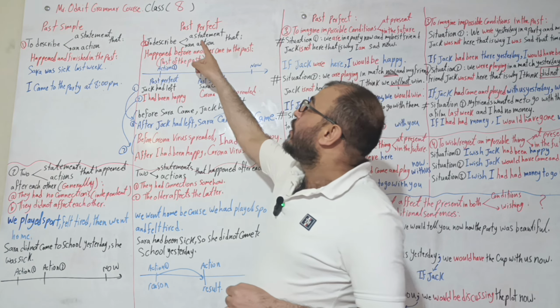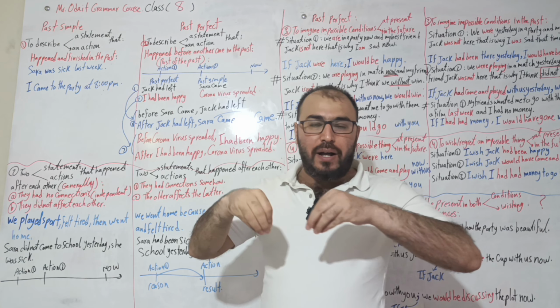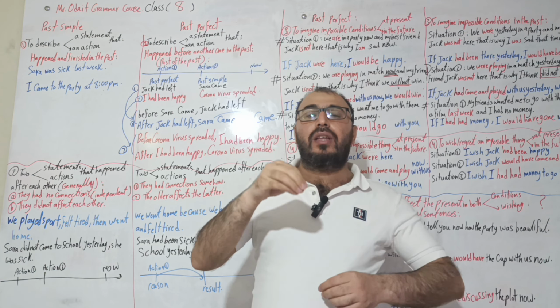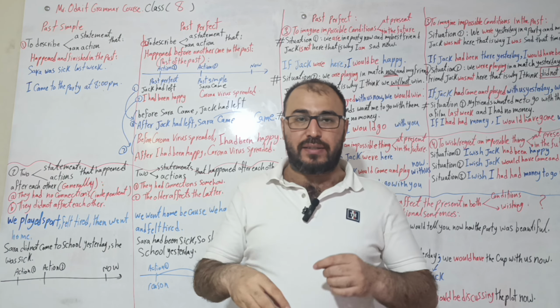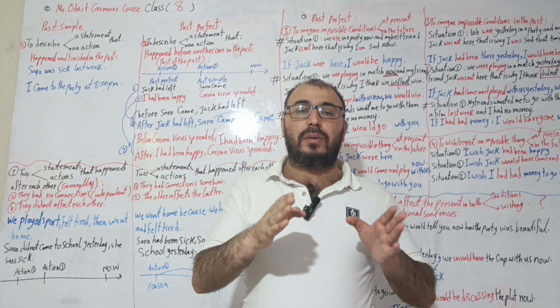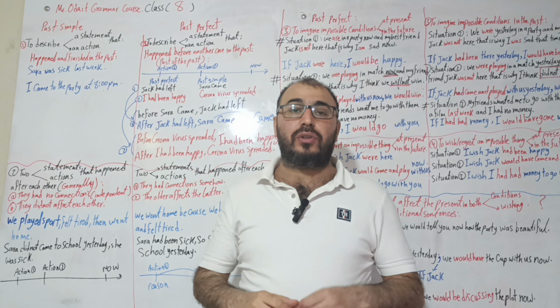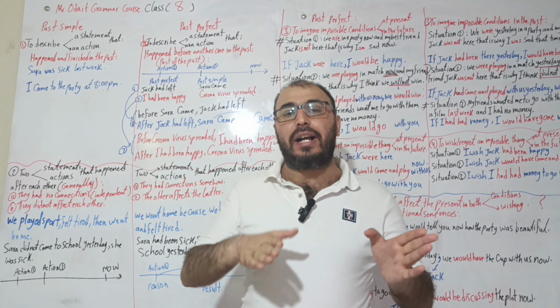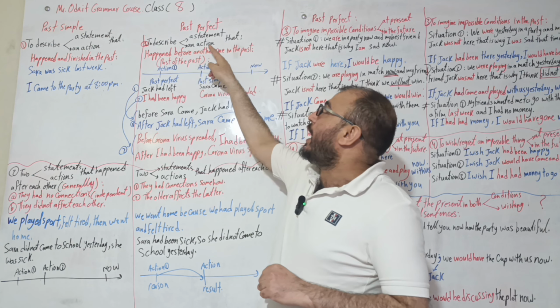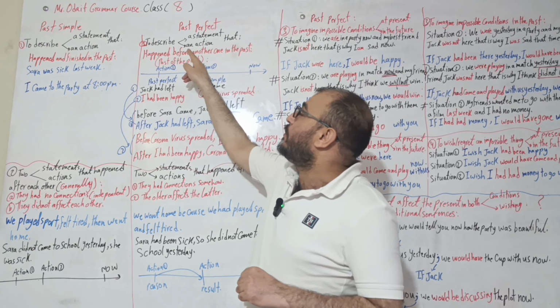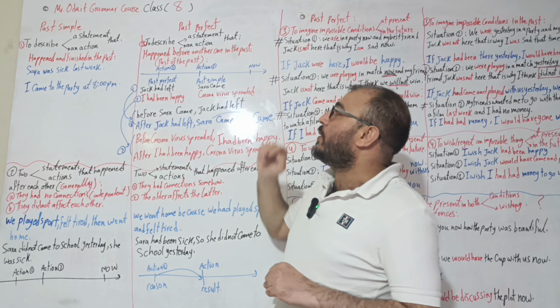While the principle of past perfect, or generally the principle of perfects, depends on linking two actions together or one action with its results. Here, we use the past perfect to describe a statement or an action that happened before another one in the past.